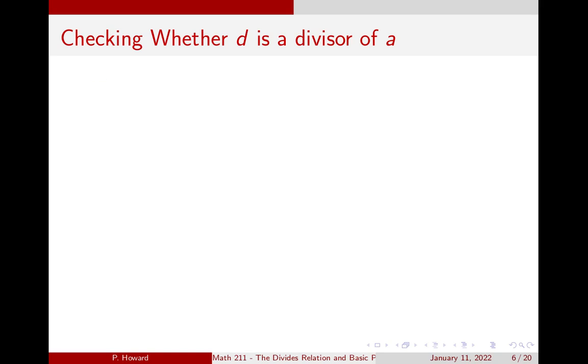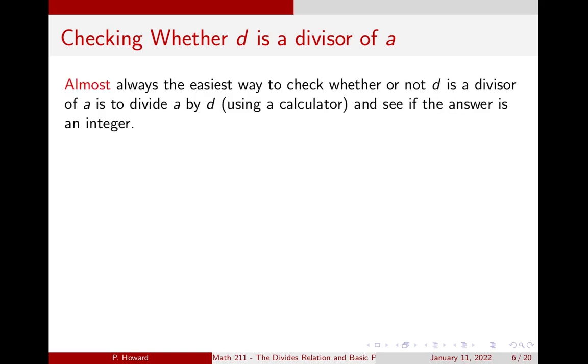And in general, the way to check whether or not D is a divisor of A, the easiest way is almost always to divide A by D and see if the answer is an integer.